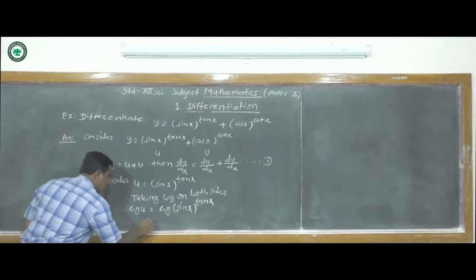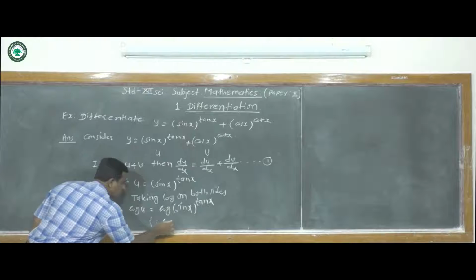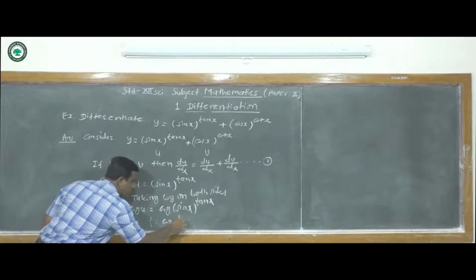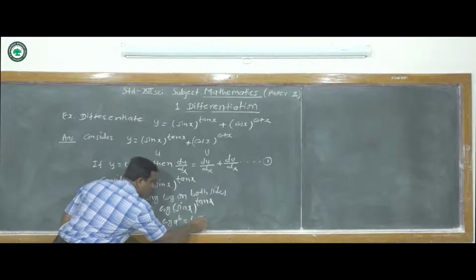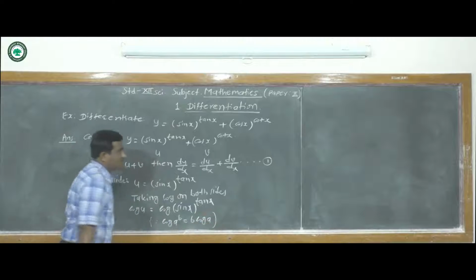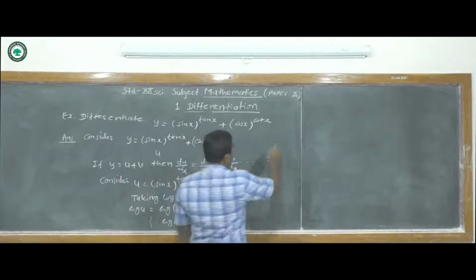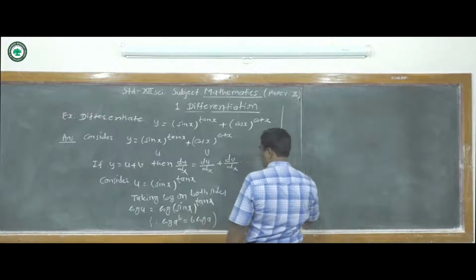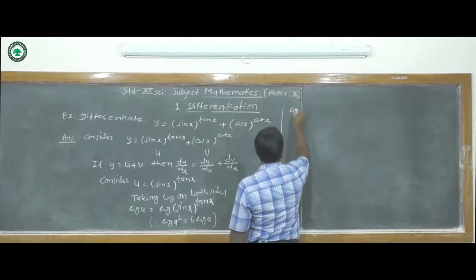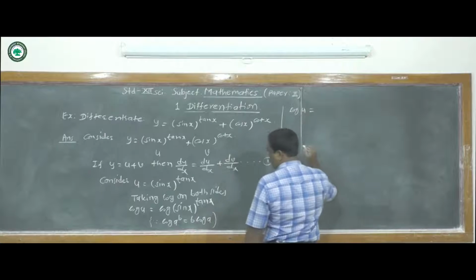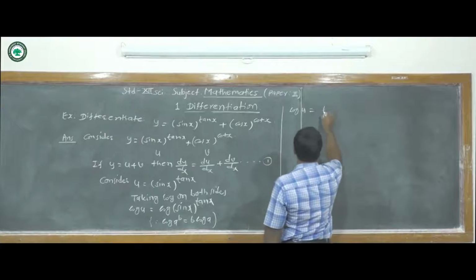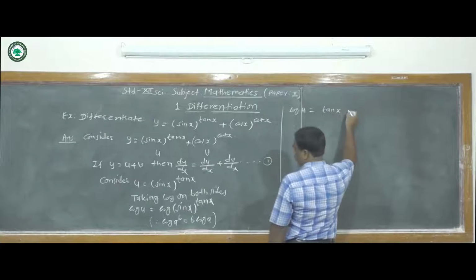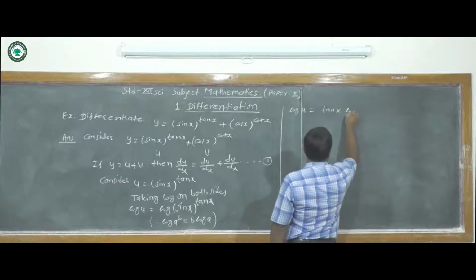Now we use here the formula: log a raised to b equal to b into log a. Using this formula we can write here log u equal to tan x into log of sin x.